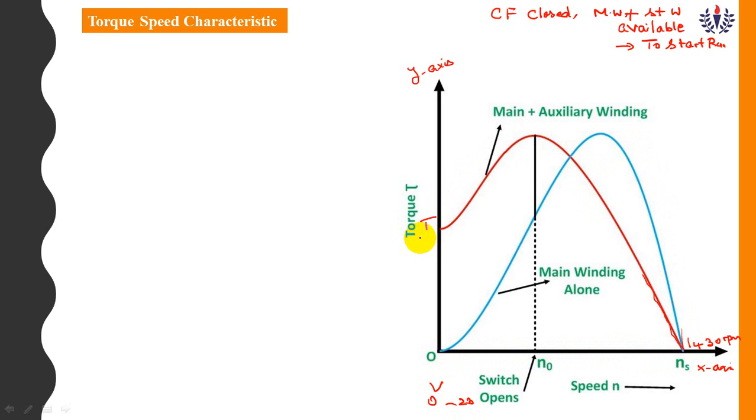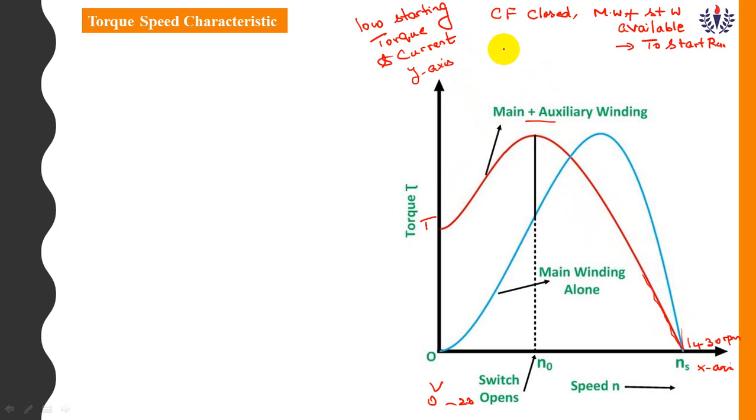That is one of the advantages here: the main advantage is that it has low starting torque and current. This waveform will be shown, and its value will vary by using the main and auxiliary winding.